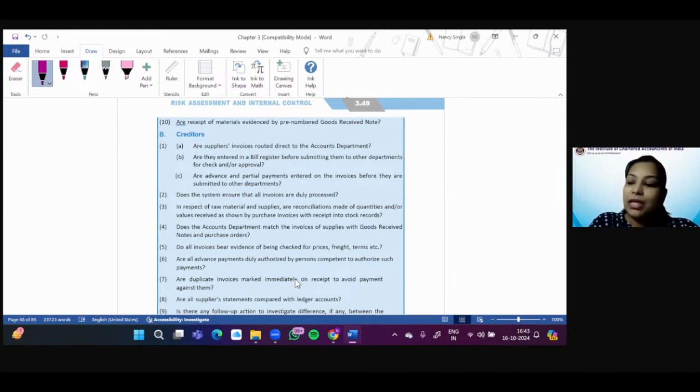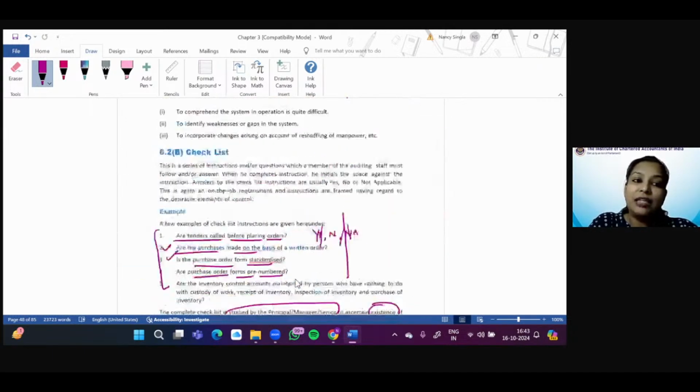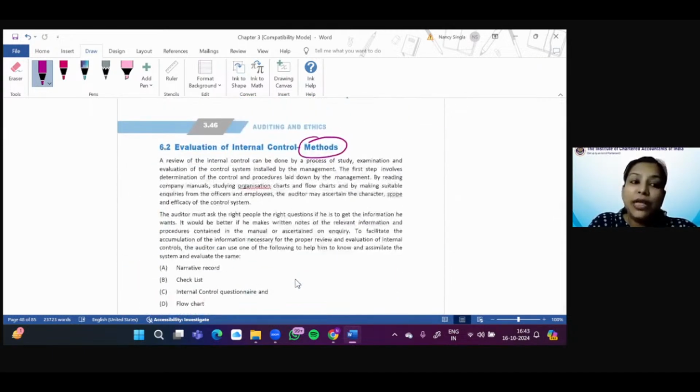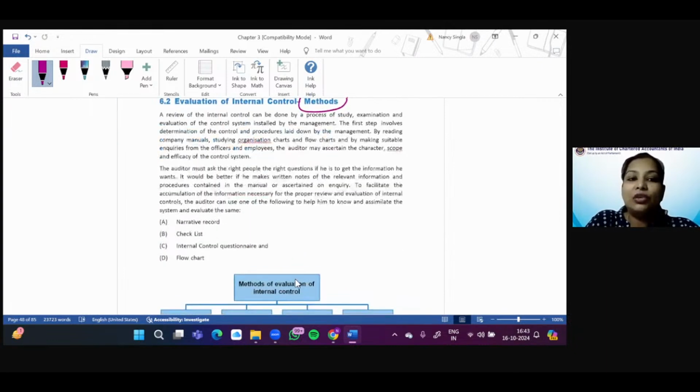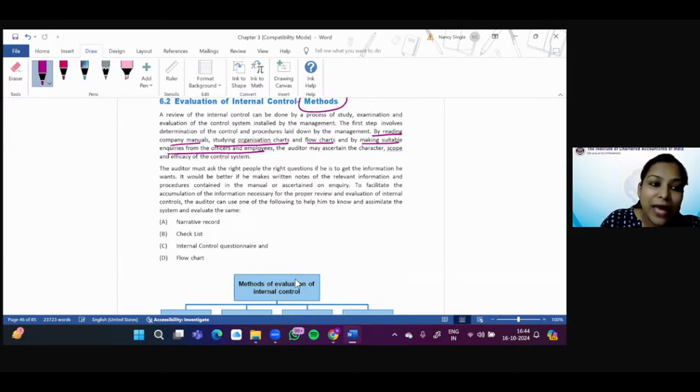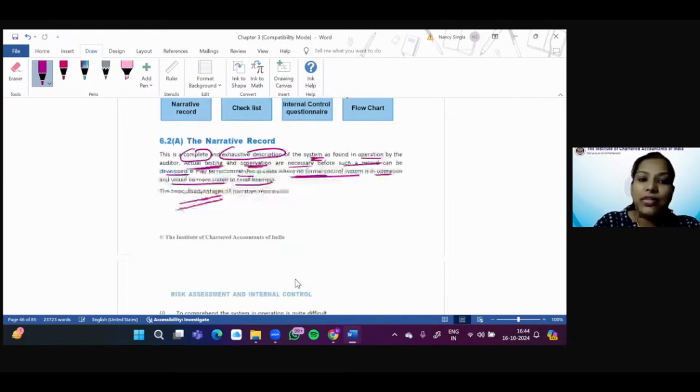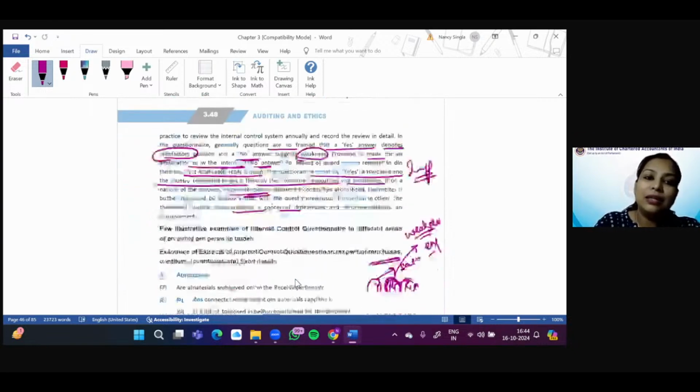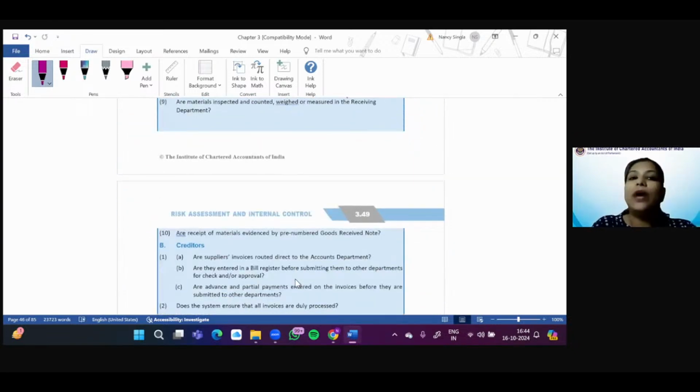And if you remember, I told you when we started this topic that the auditor, while evaluating the internal control, may perform many procedures, like reading the company manuals, studying the organization and flowcharts, making suitable inquiries. So when he is accumulating that information, these are the methods. There are other methods also by which he can obtain the information. And this checklist or ICQ can be made in a detailed form as is required by the auditor.